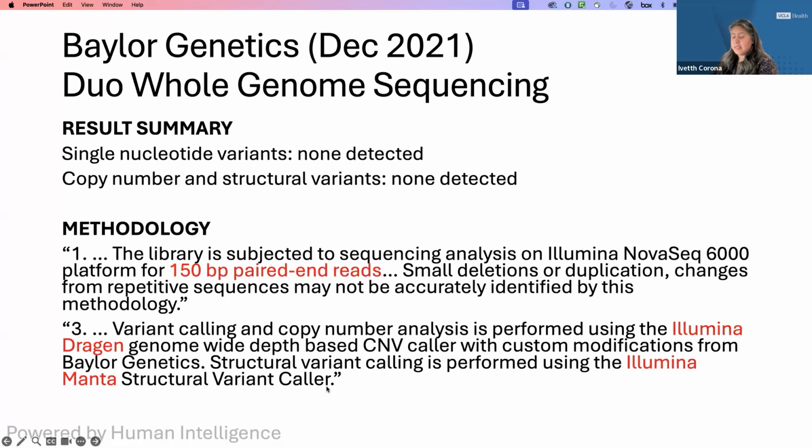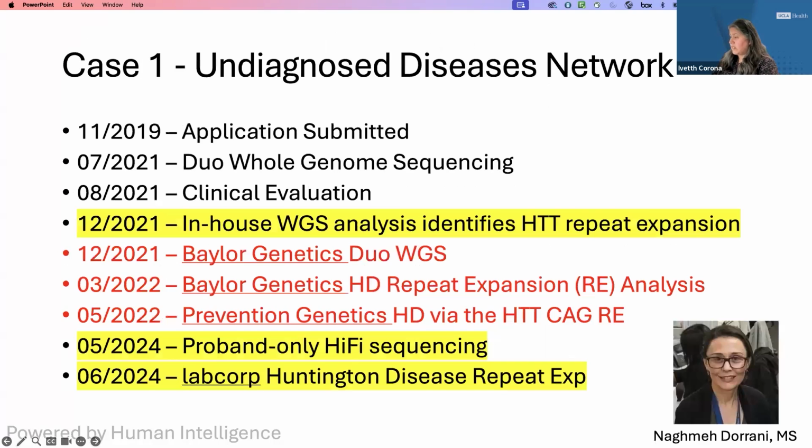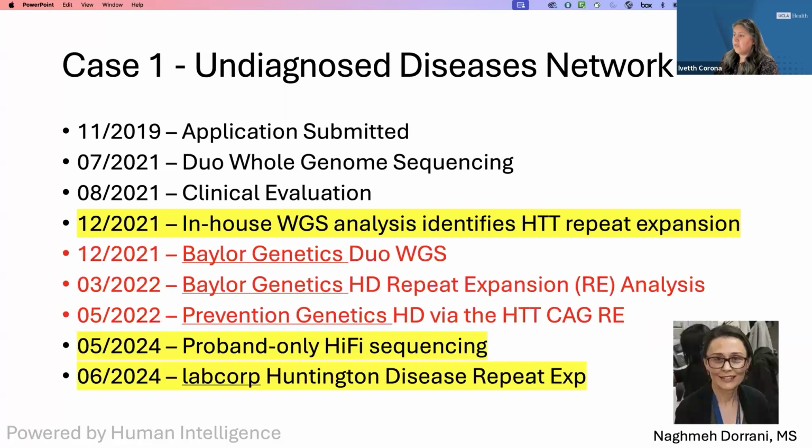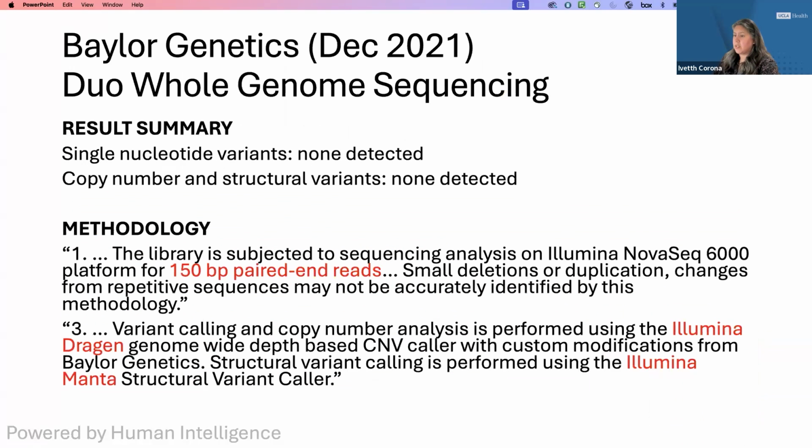They do not list what we used, which was ExpansionHunter, so they don't list a tool to do repeat expansion. I'm not sure, because it is the same raw data that we used for this analysis, whether they used this tool specifically to identify repeat expansions.